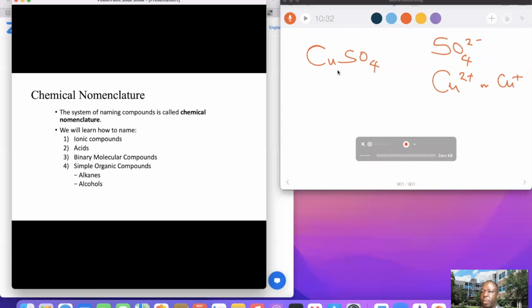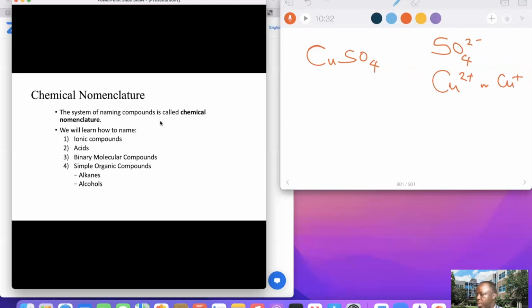But from this chemical formula, I don't see a 2 coming down here. Remember the crossover rule from sulfate. So I know I'm dealing with copper(II). And the proper way of naming this is copper(II) sulfate. Let me give you a few examples on how to name ionic compounds.